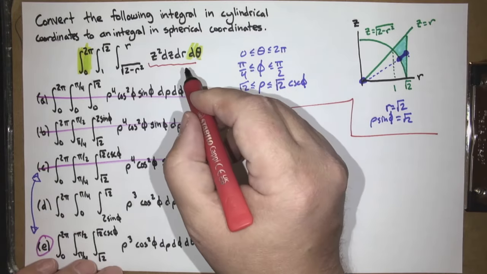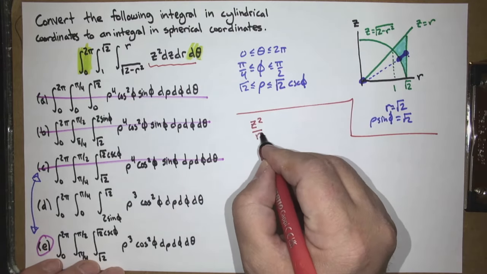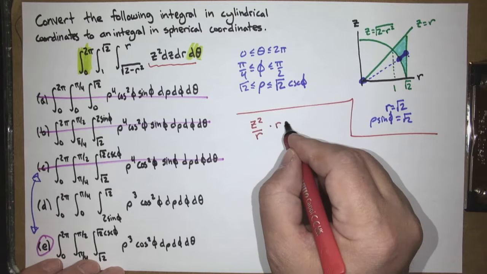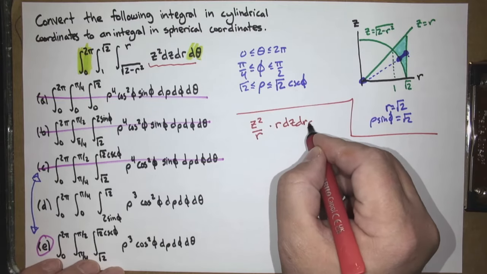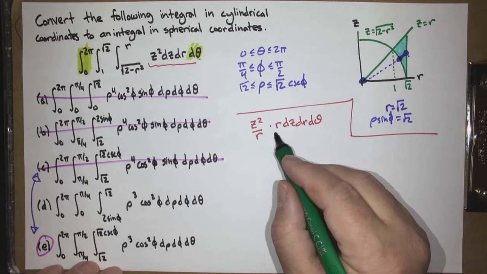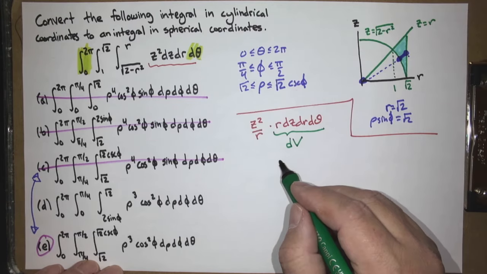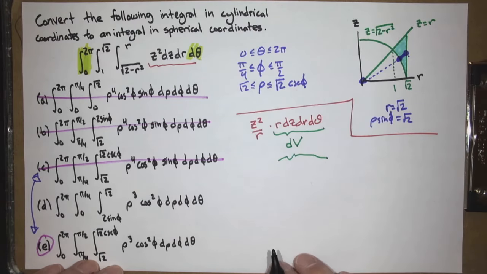So what we should really think of this as is z squared over r times r dz dr d theta. That might be why C looks so tempting. This is our dV. In spherical coordinates, what is our dV?